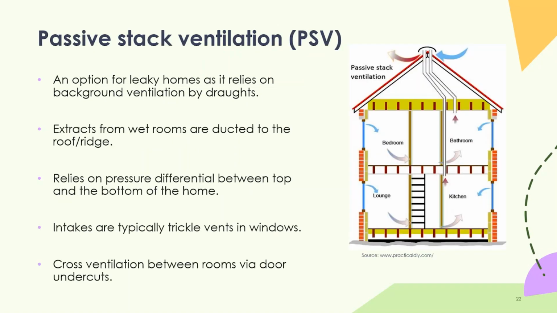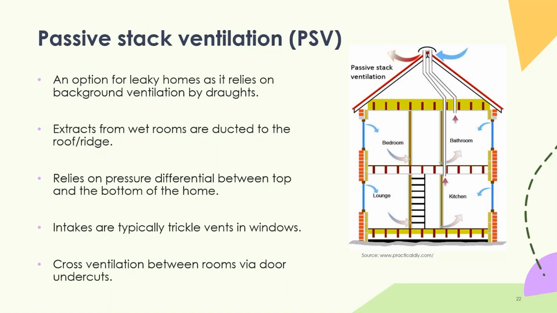So passive stack ventilation, this relies on the stack effect, where you would have a pressure difference between the ground floor and the top, typically the top of a pitched roof. You also get a pressure drop from any kind of wind blowing across the ridge.